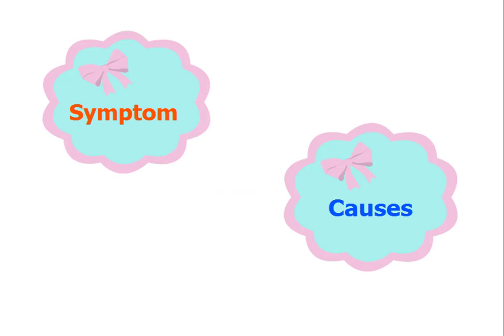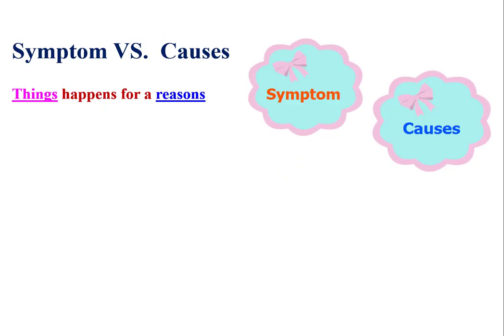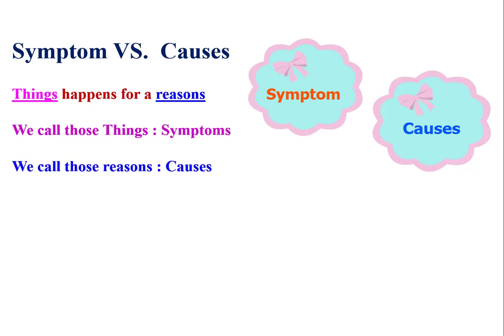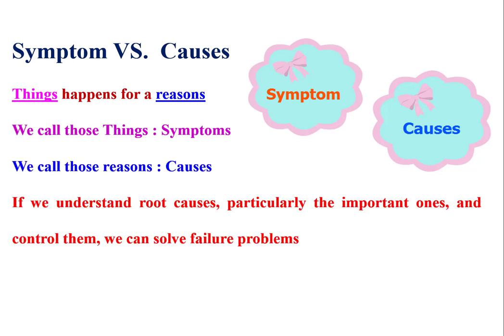So we have to be very familiar with the difference between symptom and cause. To highlight this difference, we will provide some examples of symptoms and some examples of causes. As we already mentioned, things happen for reasons, and these things which happen are symptoms. However, the reason is the cause, and we have to understand the important ones.